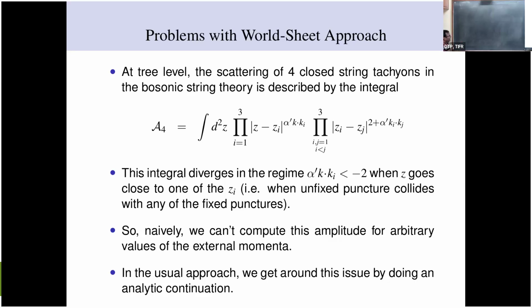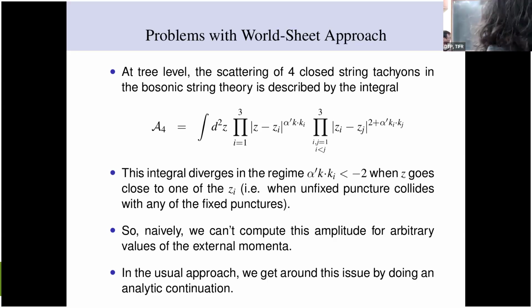Okay, so you have this integral, but this integral diverges in some regime. Suppose you have alpha prime k dot k_i, which is the exponent of the factor z minus z_i. When it is less than -2, then this expression will diverge when the integration variable z goes close to one of the z_i, that is, when the unfixed puncture collides with any of the fixed punctures.